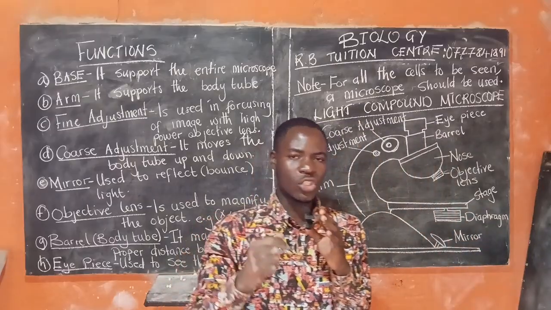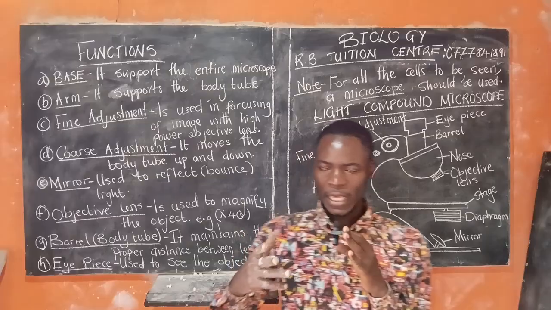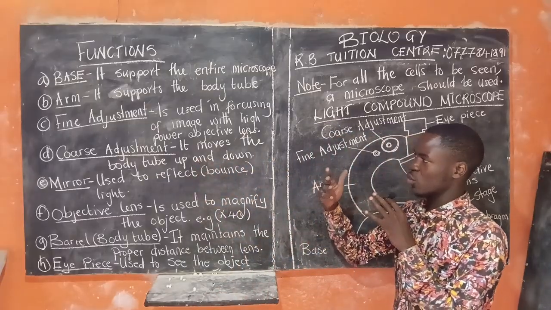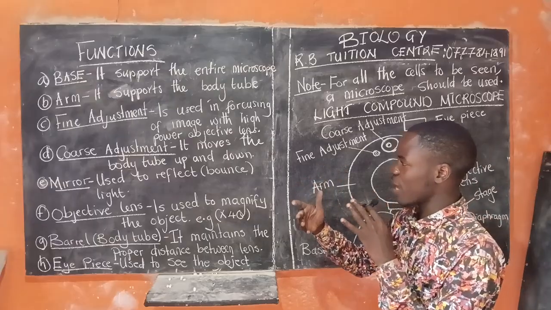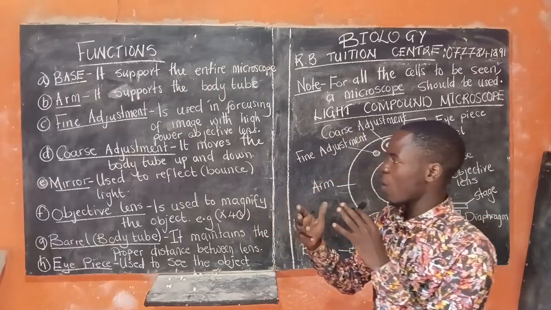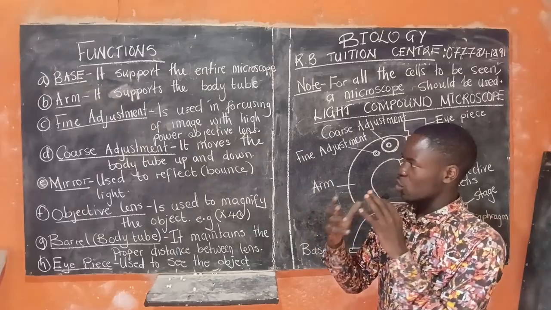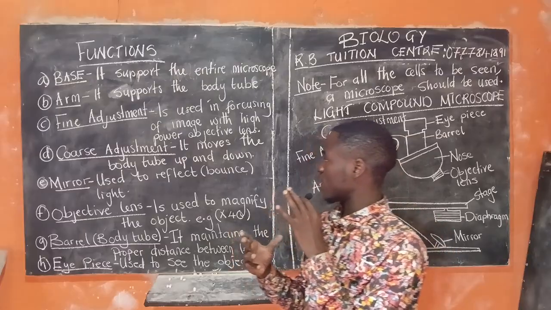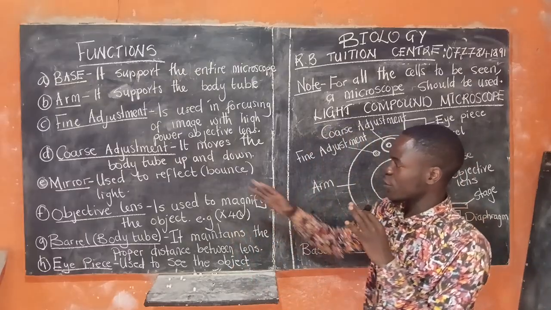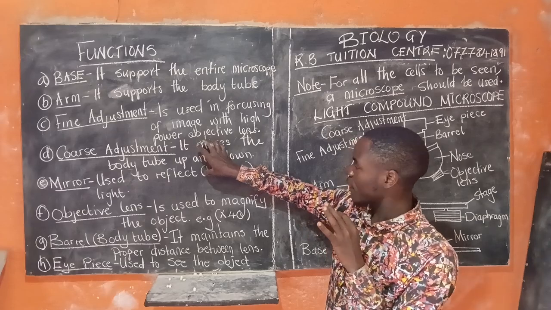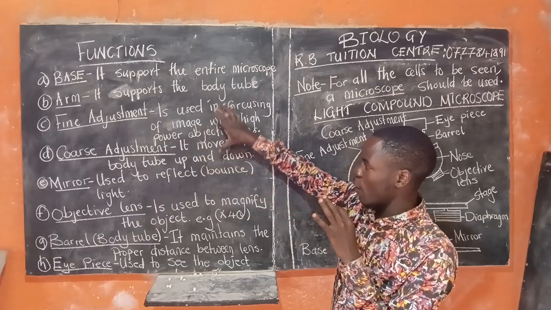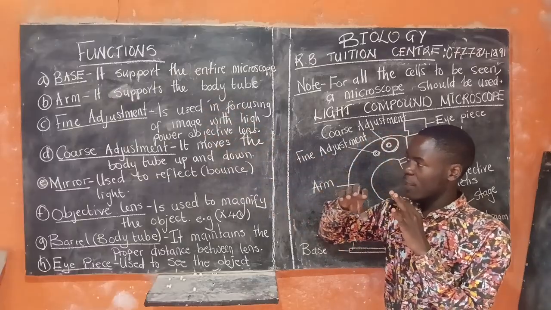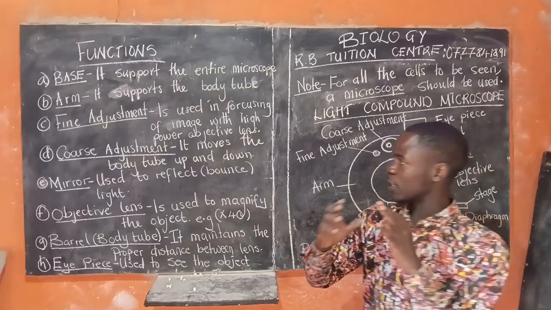Then we have the fine adjustment, which is used for focusing the image with a high power objective lens. This one has the low power objective lens, while this has the high power objective lens.